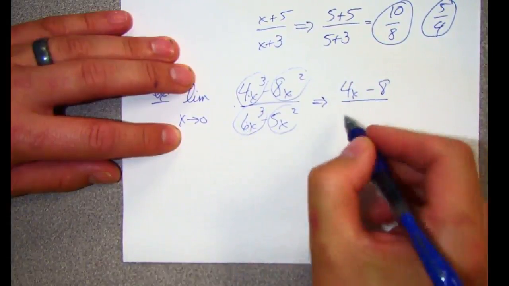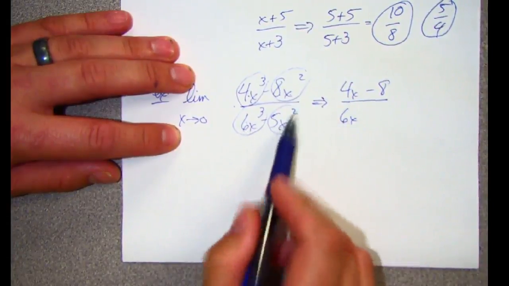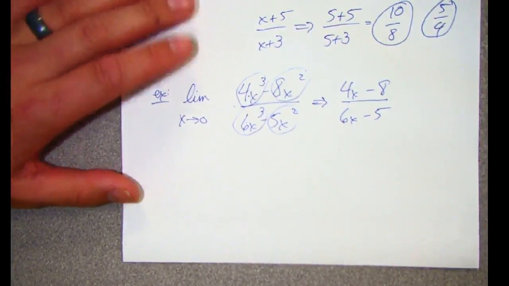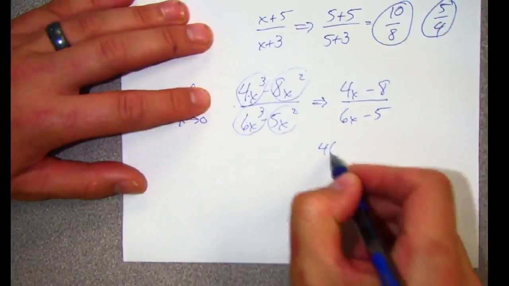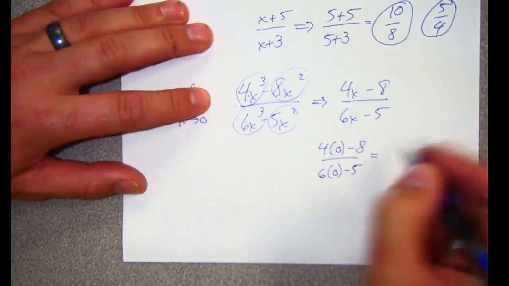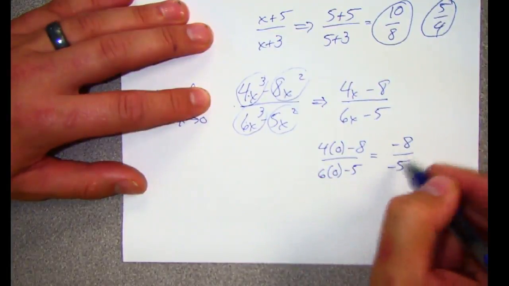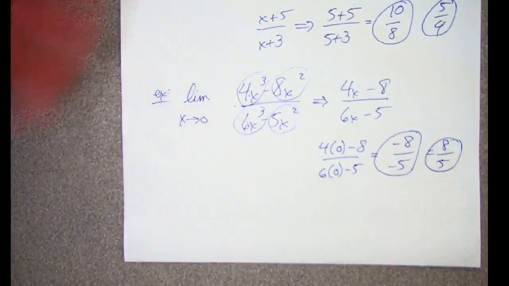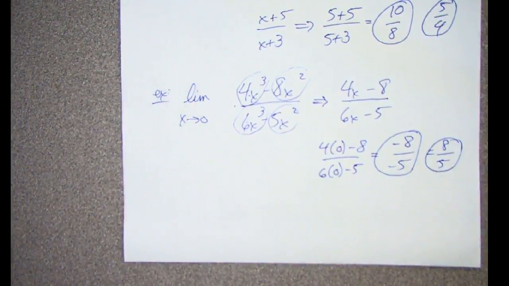Take an x squared from here, we get 6x. Take an x squared from here, and we get 5. Now, I can plug in 0. So now I'd get 4 times 0 minus 8 over 6 times 0 minus 5. So negative 8 over negative 5, and that's a perfectly legitimate answer. If you want to get rid of the negatives, that's fine too, but you do not need to.